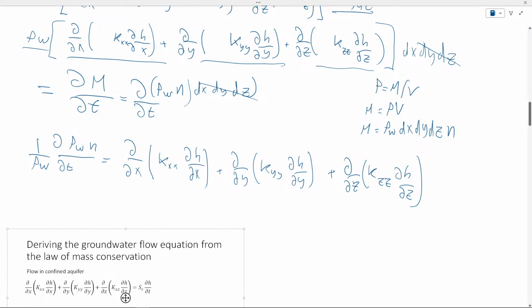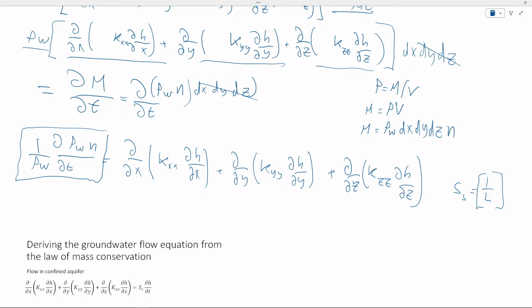One more simplification I will do. I'm not going to show you the details, this is not a groundwater class, but I can replace this term by something called specific storage, which has a unit of 1 over length.